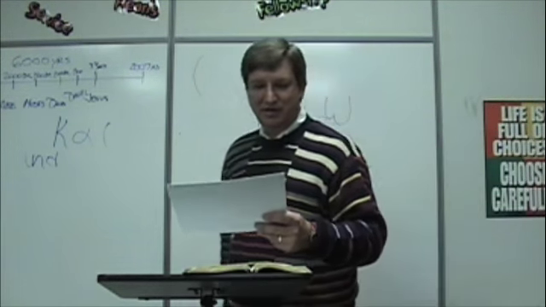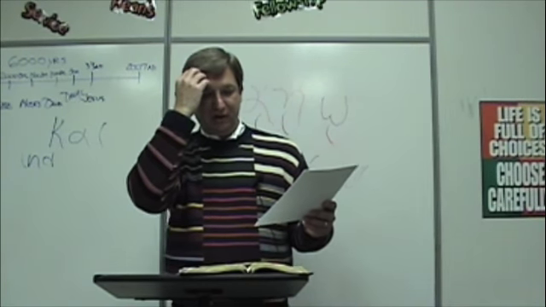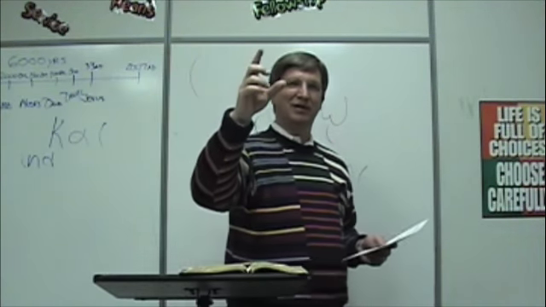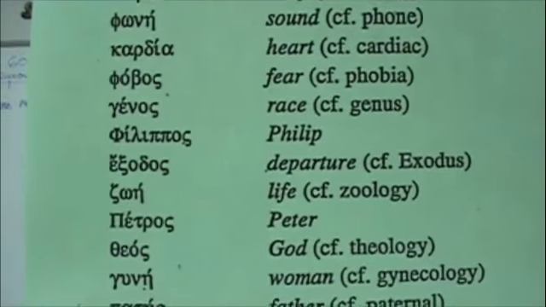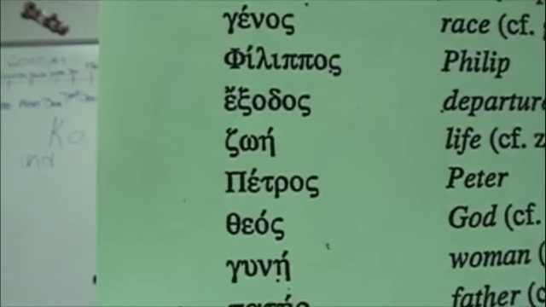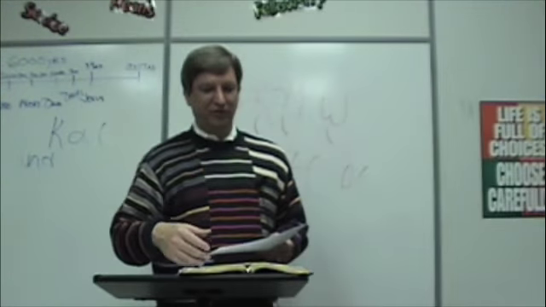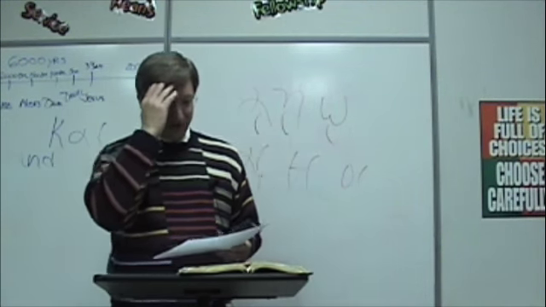All right, now I want you to notice before we move on. Look at the word Zoe, and above the eta, you'll see a marking. That marking is called a Greek accent. And you'll see that on all of these words. You'll see a different type of marking. First of all, let's look at the accents.